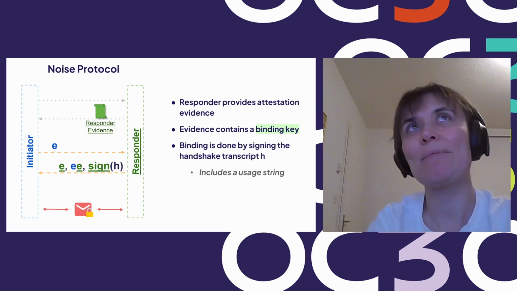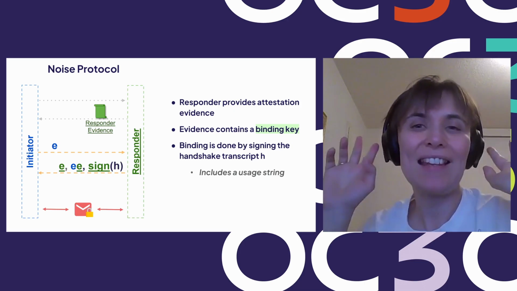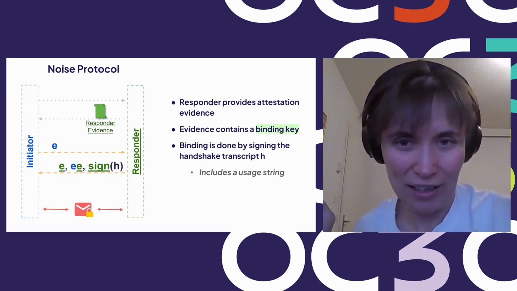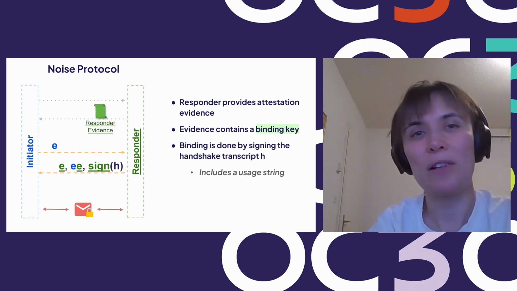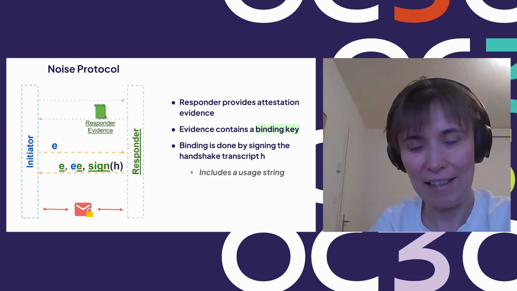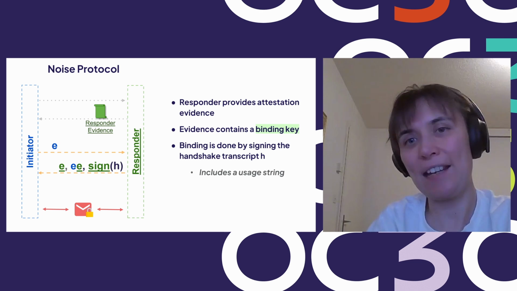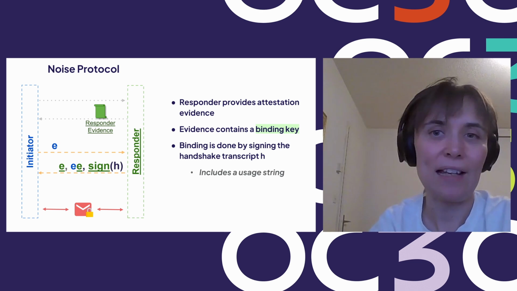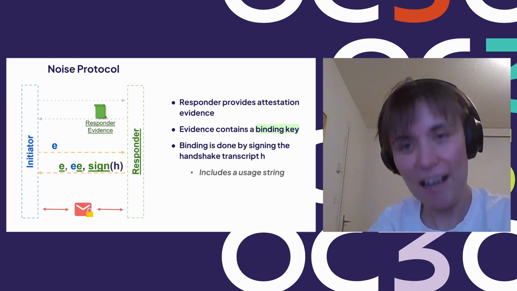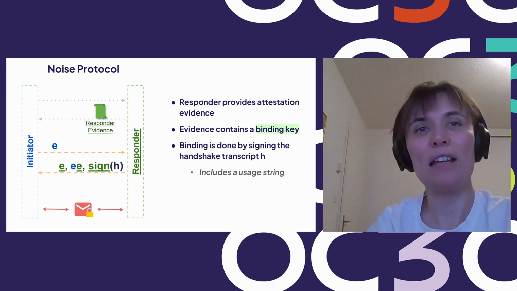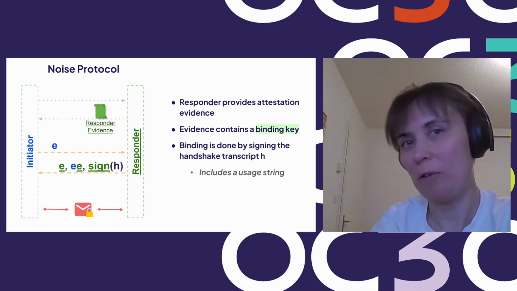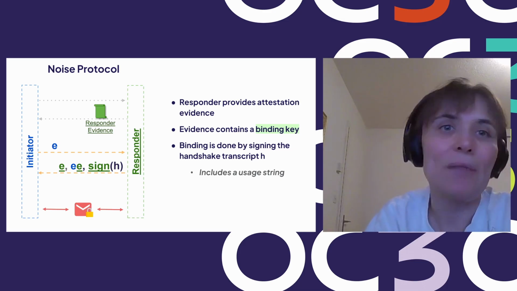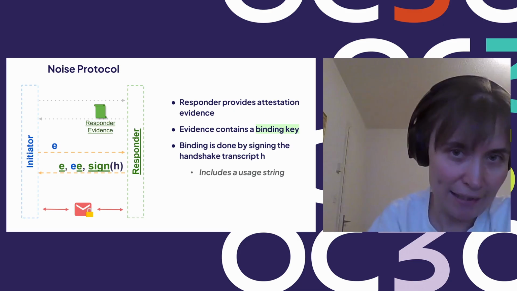Now, this might not be like the theoretically perfect solution. If it was possible in all cases to provide attestation in such a way that it will sign the handshake hash directly, it would be preferable for multiple reasons. In particular, it would establish freshness of the attestation.